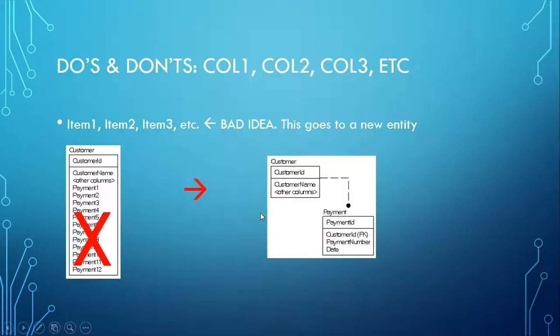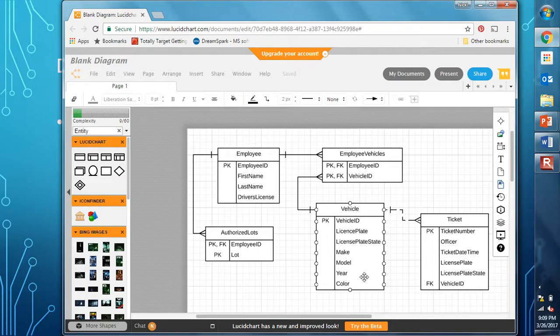That's a sign that you need to move the information to a new entity. So kind of like we already set up here, vehicle information didn't belong on the employee. It belonged on its own thing. It's its own entity.